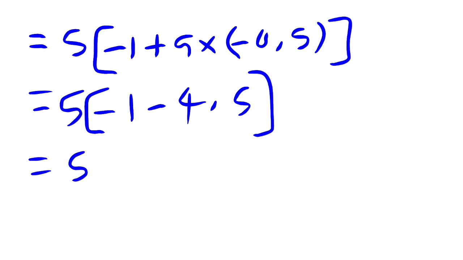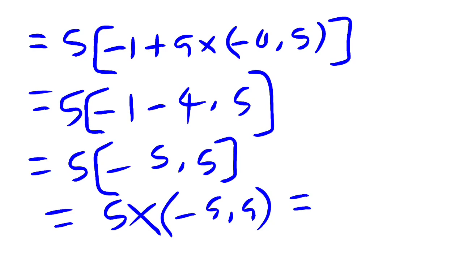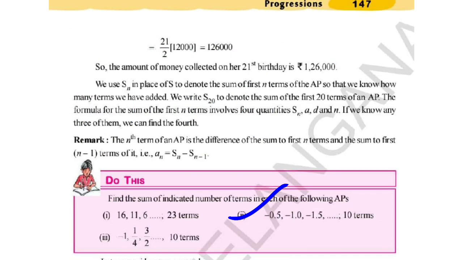So it equals 5 into minus 1 minus 4.5, which is minus 5.5. So 5 into minus 5.5: 5 fives are 25, 2 carry, 5 fives are 25 plus 2, 27, and one decimal place. So minus 27.5 is the sum of the first 10 terms of the second problem.